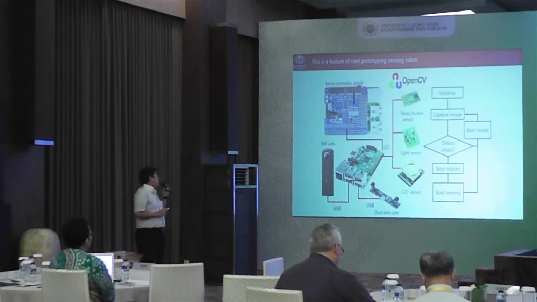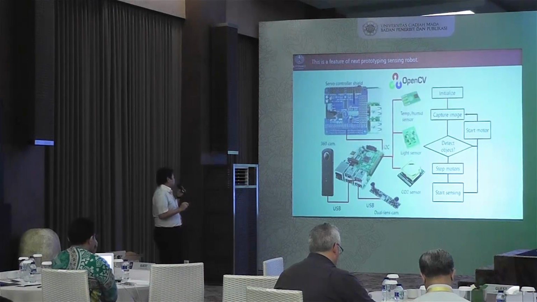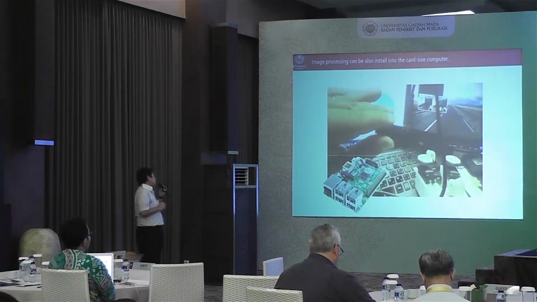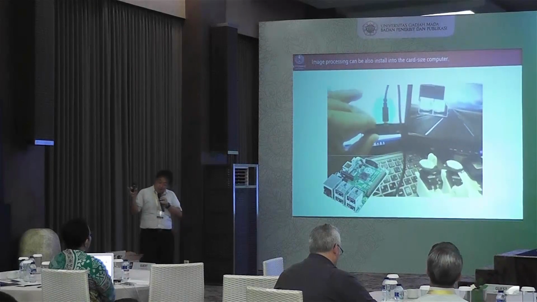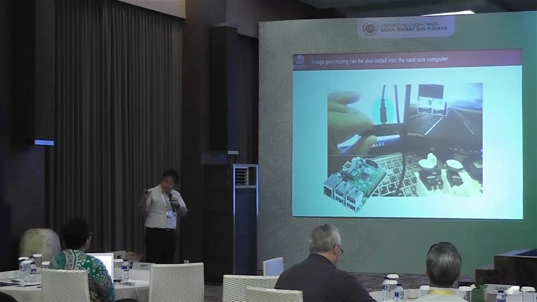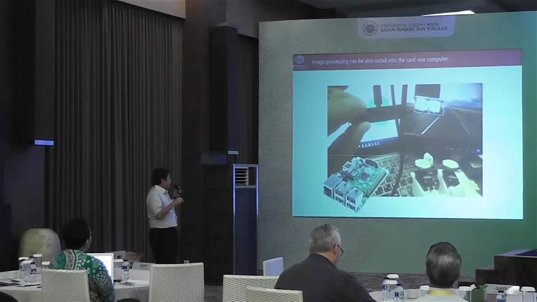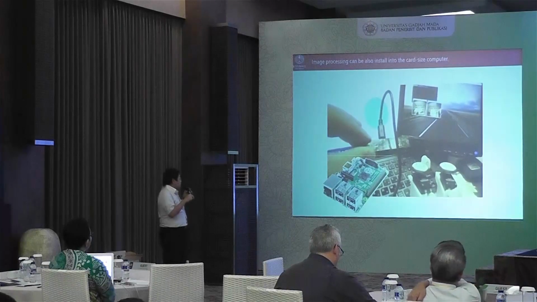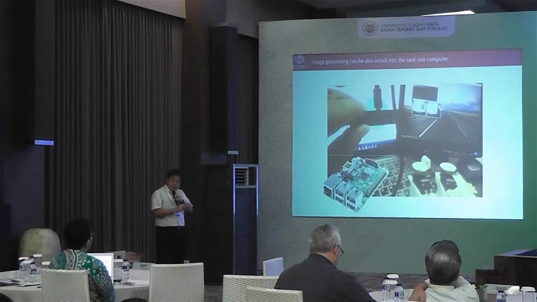This is a sketch of the device. It is not so complicated. This is one example: the camera finds the green color, so the motor is on. How can this type of action be done?